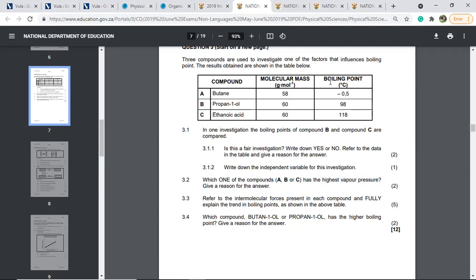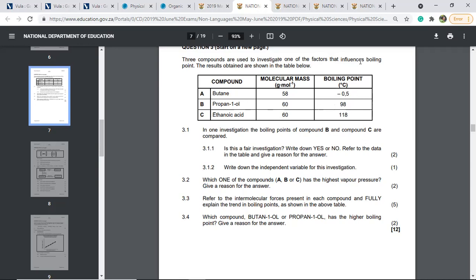So what's happening in this table? We have these three compounds that almost all of them are the same molecular mass. And the boiling points, as you go down the table, they go from negative 0.5 degrees Celsius, then it says 98 degrees Celsius, then it says 118 degrees Celsius.